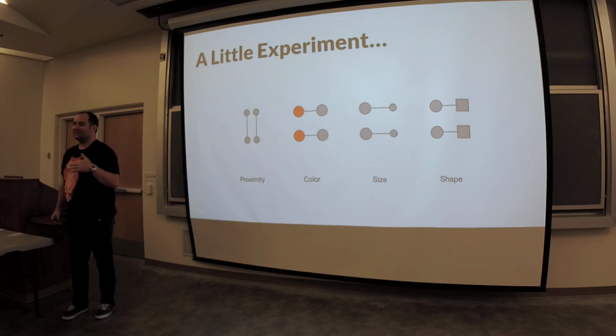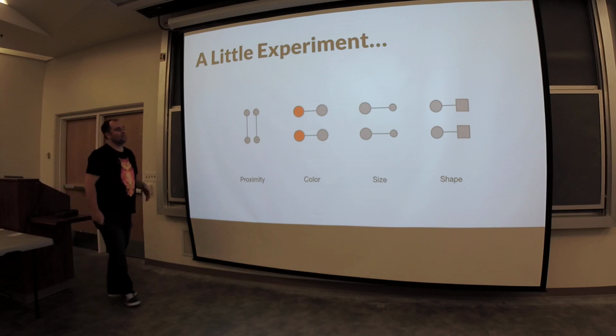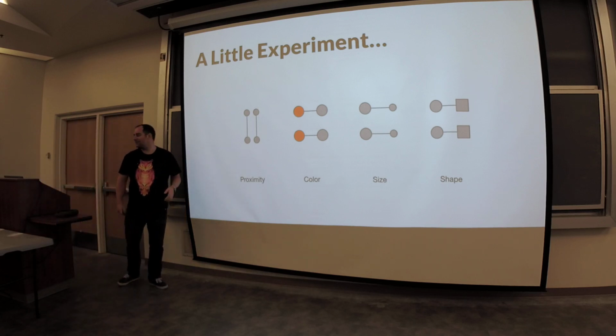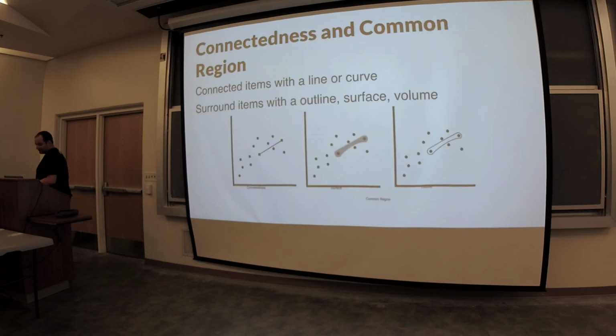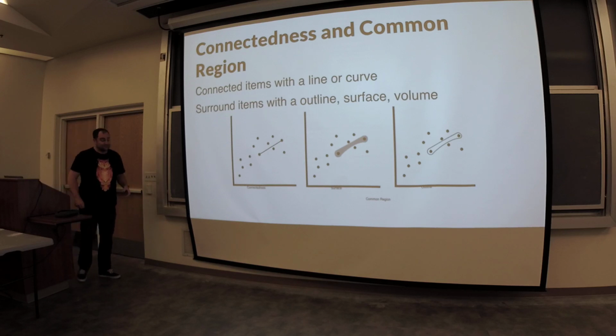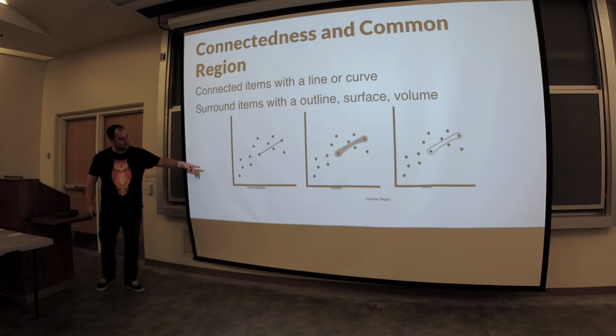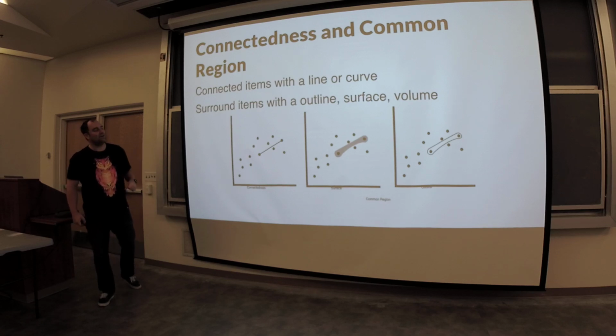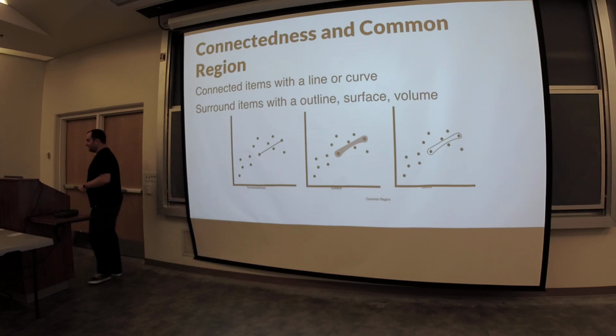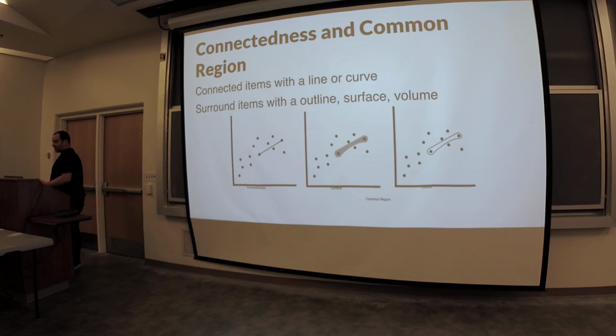This isn't an original Gestalt property that they discussed in the 20s. This is something that was really only studied in detail in the 90s. And so connectedness could be a line, a surface, or an outline that is shared between different items. And this is a very, very strong primer to identify things as a group.